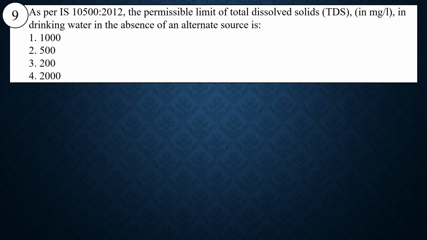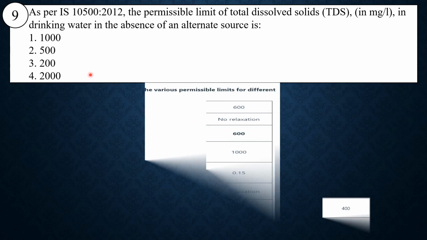Ninth question, as per IS 10500 2012, the permissible limit of total dissolved solids (TDS) in mg per liter in drinking water in the absence of an alternate source is. And that TDS in the drinking water in the absence of alternate source is 2000.